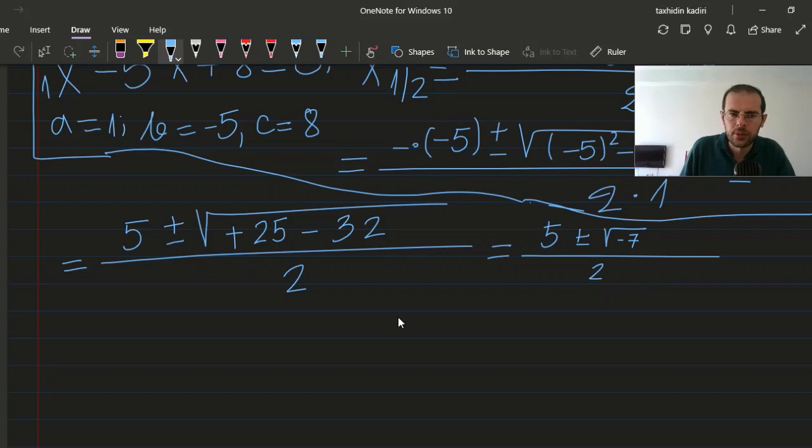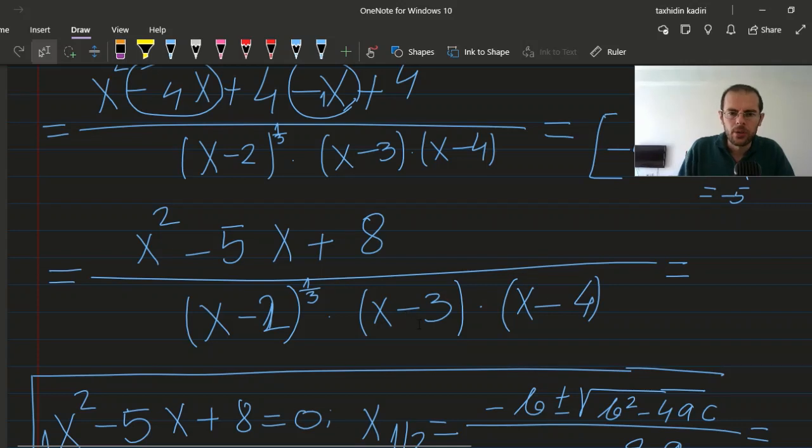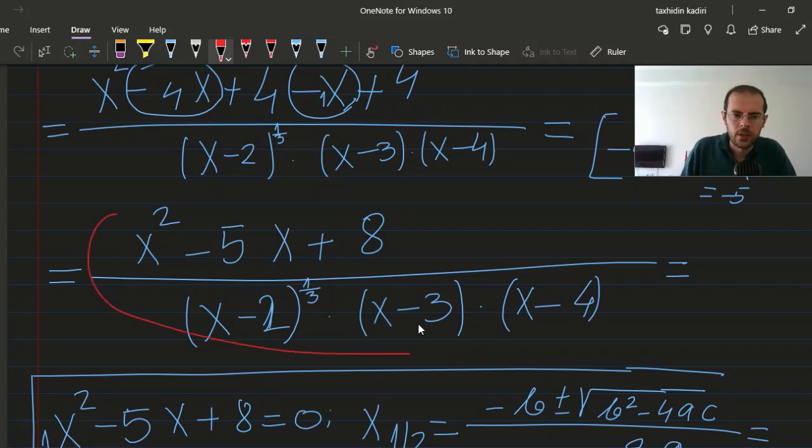The result of these roots will be an imaginary value, and we will have x1,2 equals 5 plus or minus i square root of 7 over 2. This is what it will be. Now we cannot continue anymore, and this is the solution for this exercise.